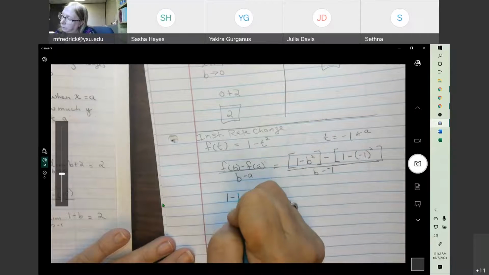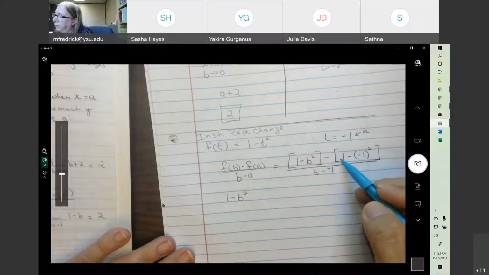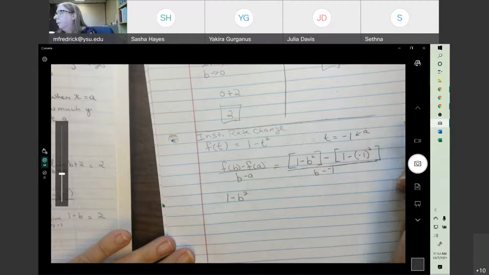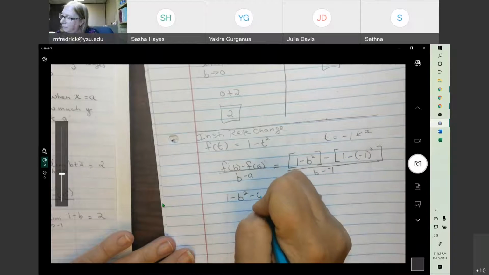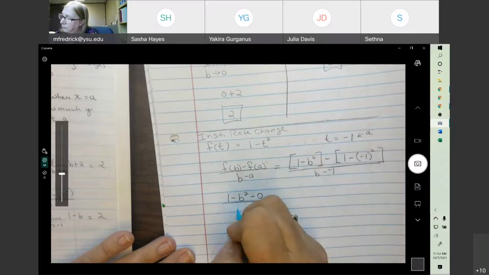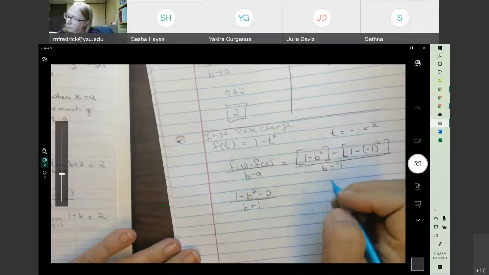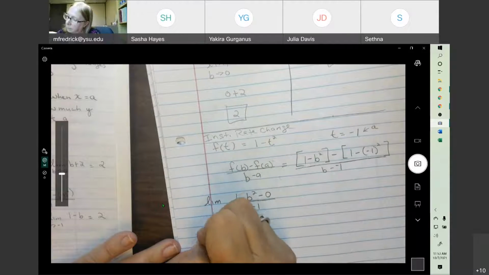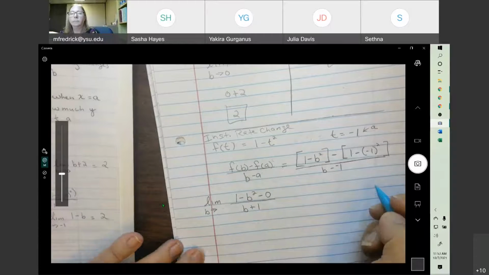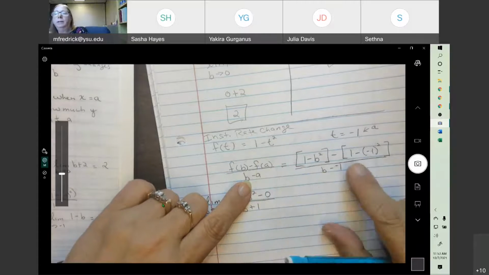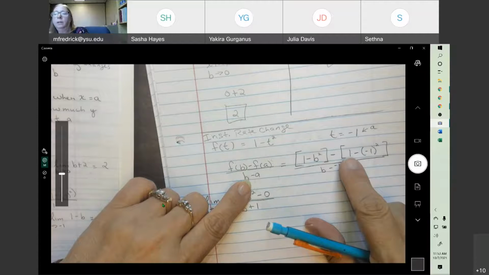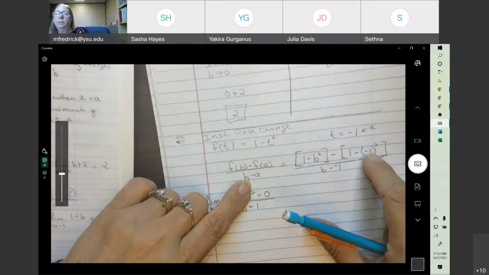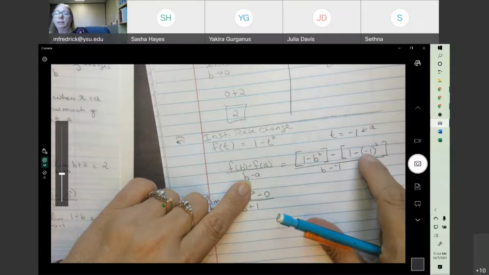One minus b squared. If you combine these, 0 again. -1 squared is 1, and 1 minus 1 is 0. So first I plug my -1 in. 1 minus a -1 squared is 1, so 1 minus 1, this is 0 again.